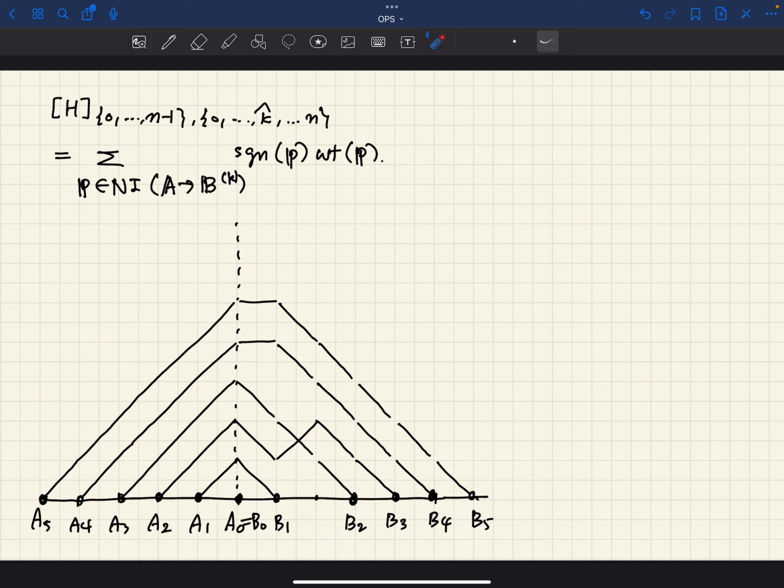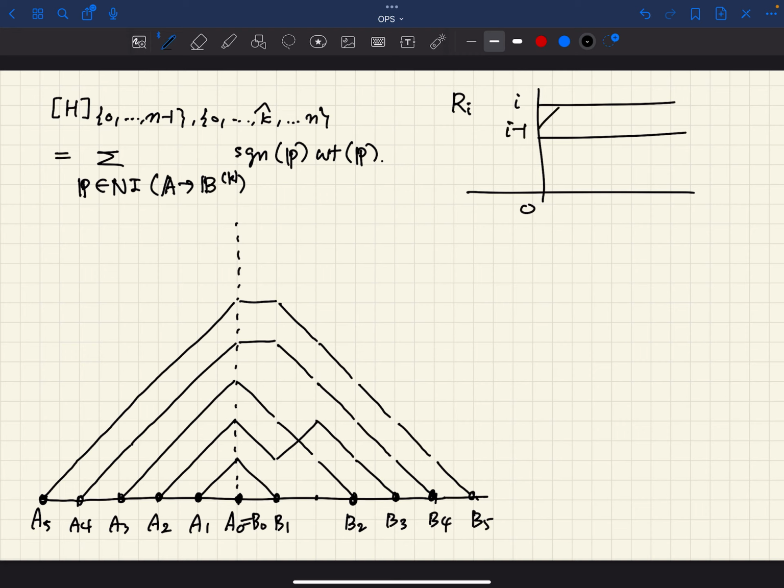So to do that, let's define R_i, some region, this is 0, i minus 1. Let's say this is the region R_i. And we want to look at what these look like. So here is, let me just write down, 1, 2, 3, 4, 5 height.